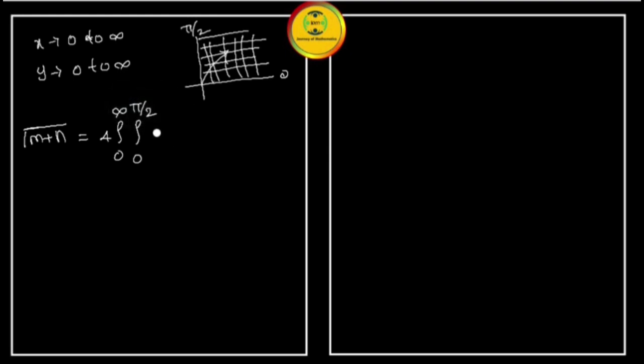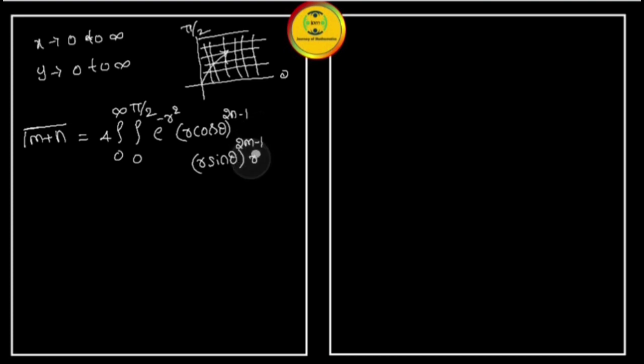e power x square plus y square can be replaced as e power minus r square. X value can be written as r cos theta whole power 2n minus 1, and y value can be replaced as r sin theta whole power 2m minus 1.